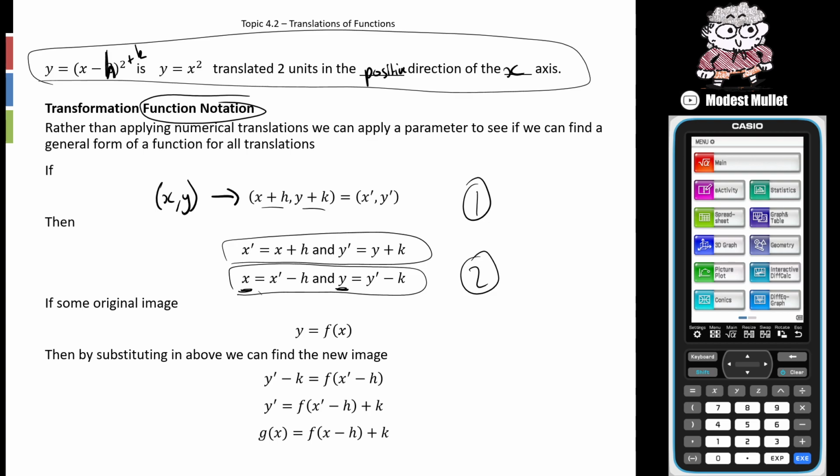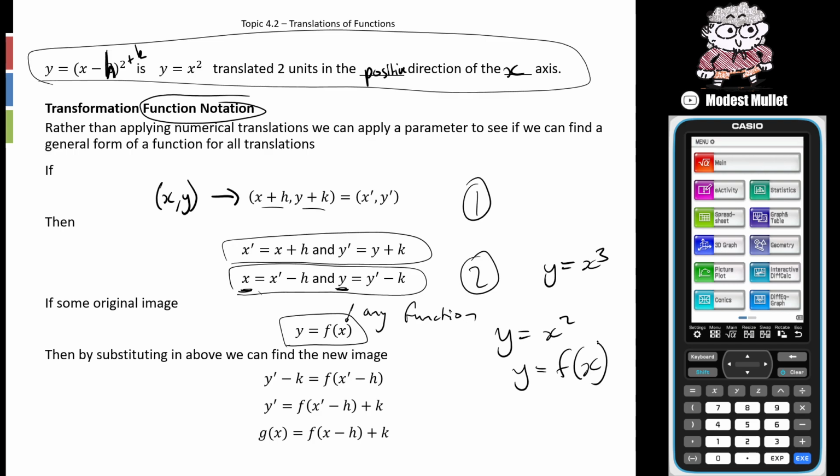But we don't have an equation to substitute into. But we always know, thinking function notation, that f of x can represent any function. So instead of substituting into y equals x squared or y equals x cubed or whatever it may be, we can call all of those by just leaving it as f of x.